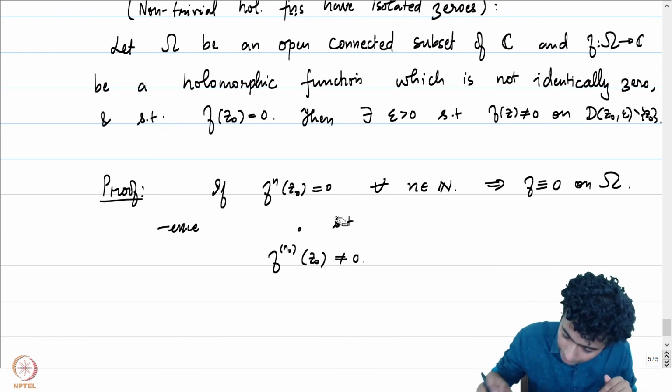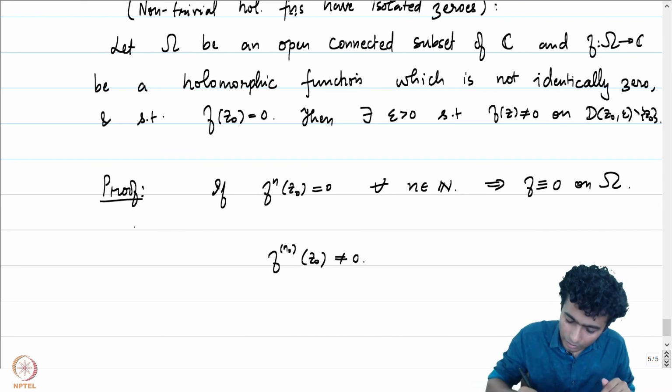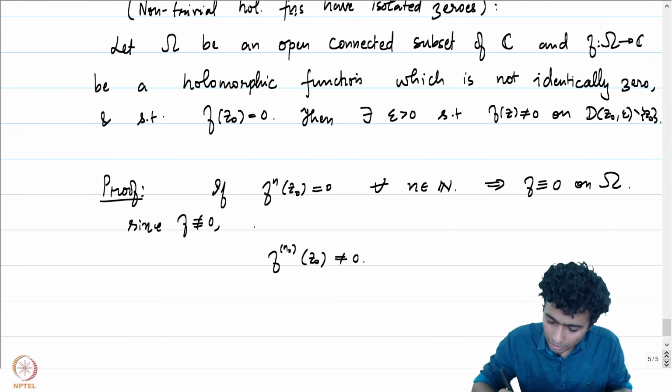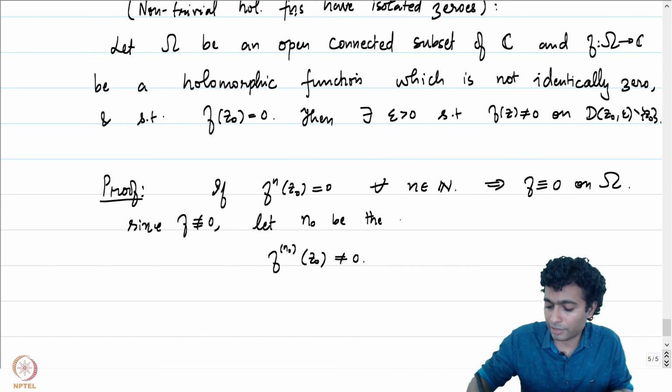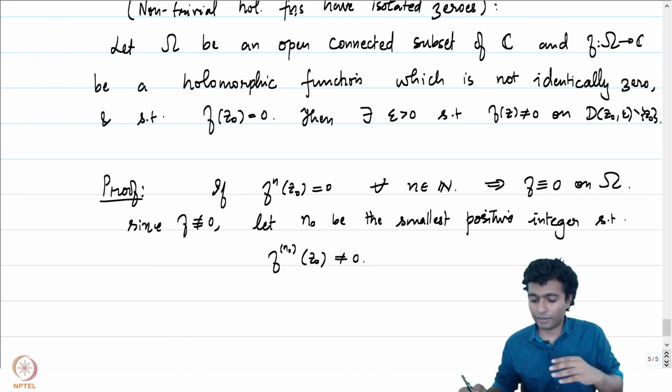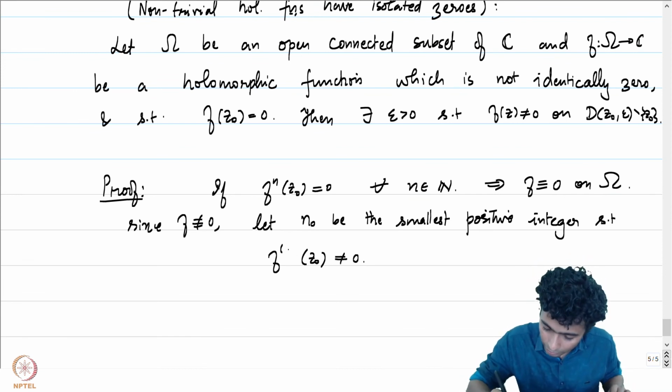Let n0 be the smallest positive integer such that f_n0 of z0 is not equal to 0.